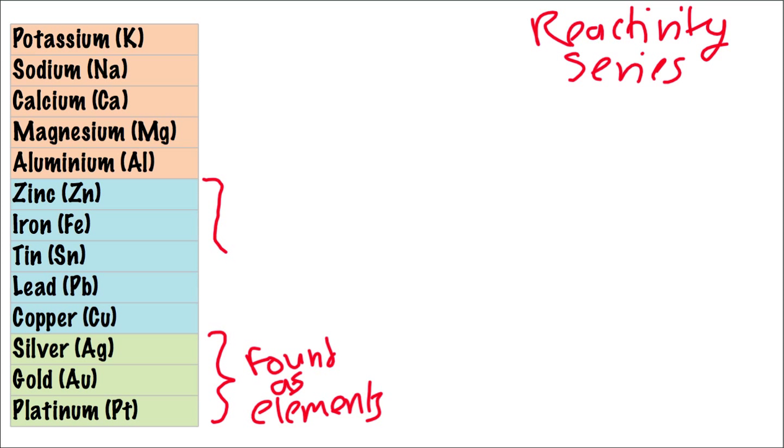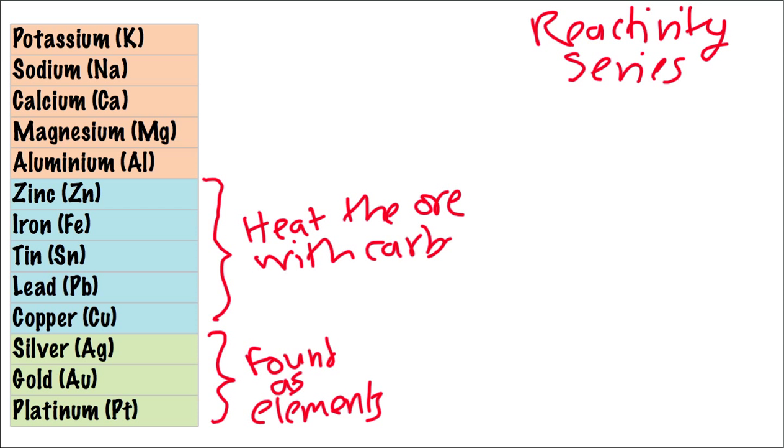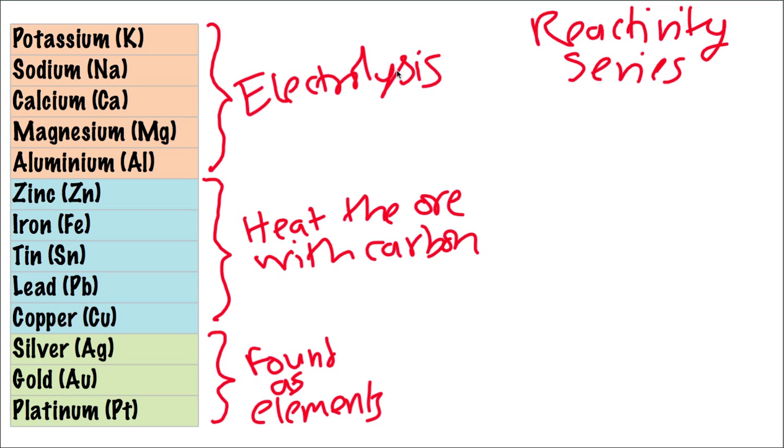These ones are more reactive, and these we heat with carbon. So you heat the ore with carbon. And finally, these ones are extracted through electrolysis. It is all to do with their reactivity and what they're going to do.